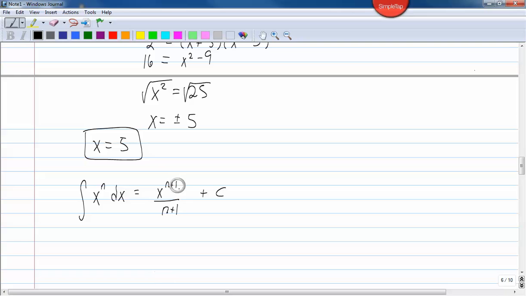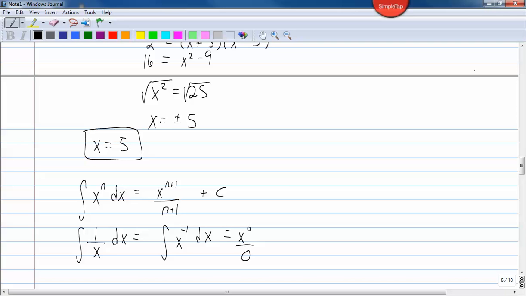So what happens if I have the integral of 1 over x, then I rewrite that as x to the negative 1. Now, if I was to add 1 to the power here, that would be x to the 0 divided by 0. And with that, all types of bad things happen. I can't do that.